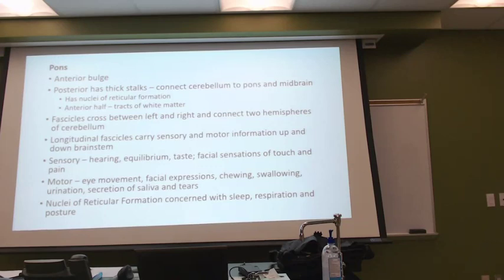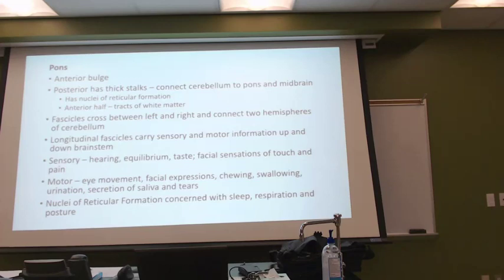As we continue with the structures, see this area that they're trying to represent as the bulge? Okay? Pons. When you look at pictures in your textbook and your lab manual, I think both have some really good pictures of the pons. Your textbook is going to talk quite a bit about the structure of the pons.